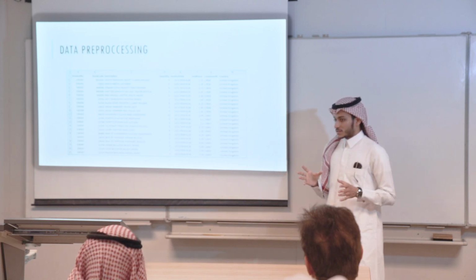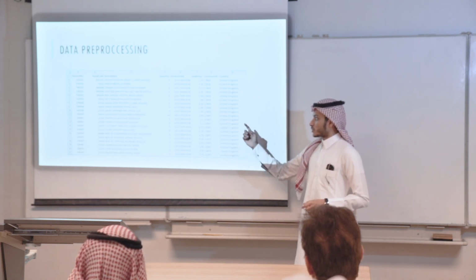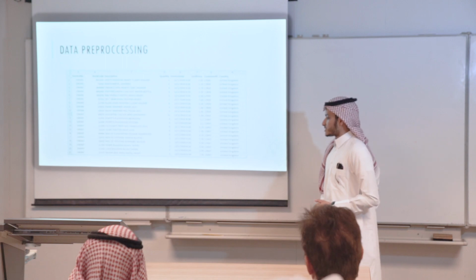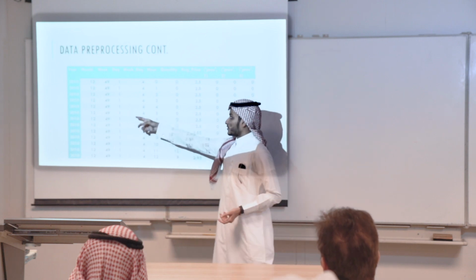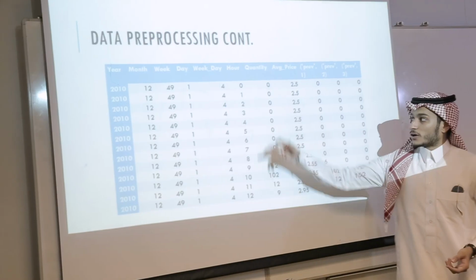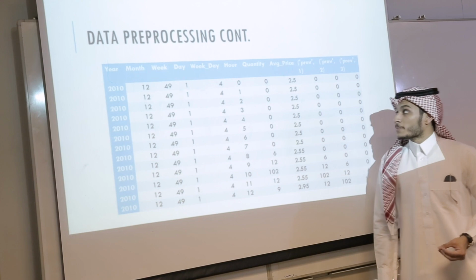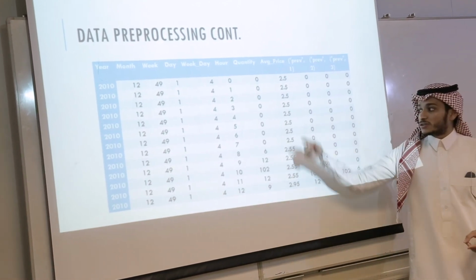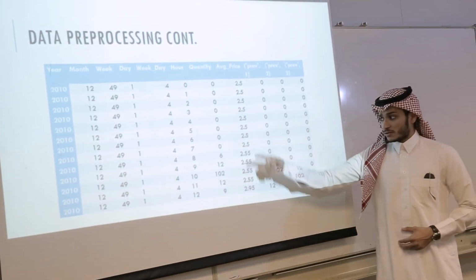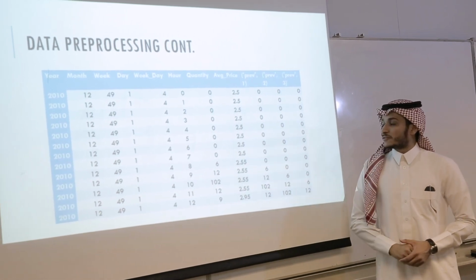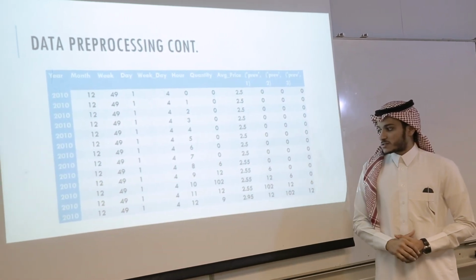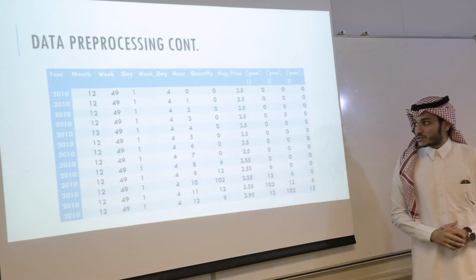Whenever demand occurs, there will be a record. While after the pre-processing, we have all the hours in the whole year. As you can see here, this is for example the first day of the year, and we have 24 hours for that day, and also we have the quantity demanded. And also here we have a lot of zeros. This explains the time series approach.